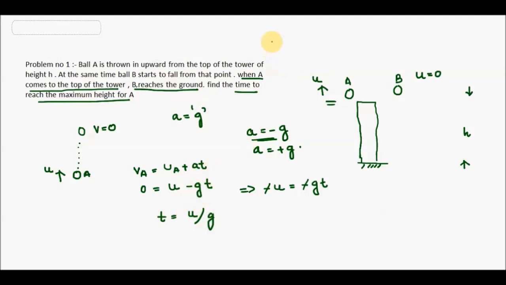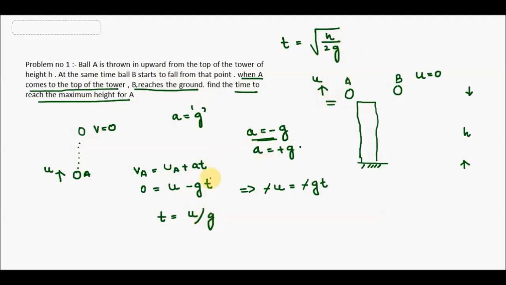Now the actual answer of this question is t equals square root of h over 2g, but we are getting t equal to u over g, so we have to make some substitutions in this equation to get the appropriate answer.